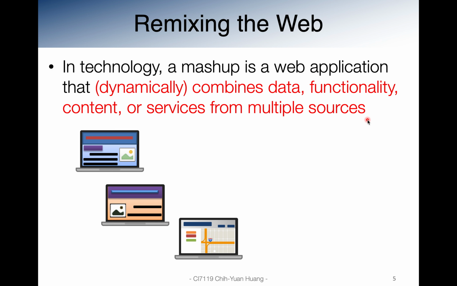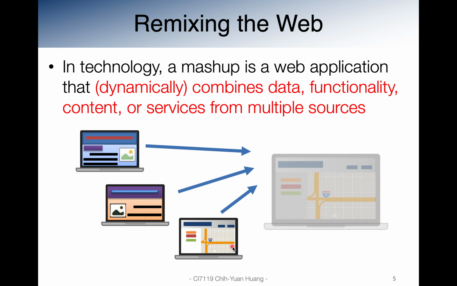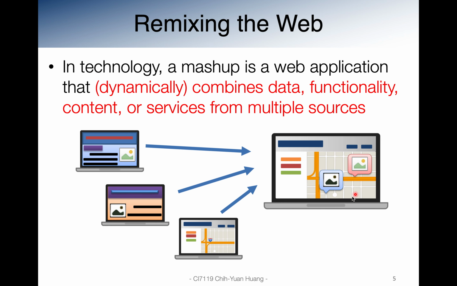So, for example, we could create a new application by combining the information, the tools, or the processing from different places, and it becomes a new application. Let's just say a ghost story map.